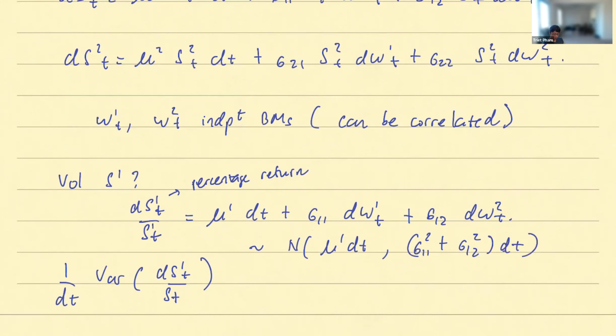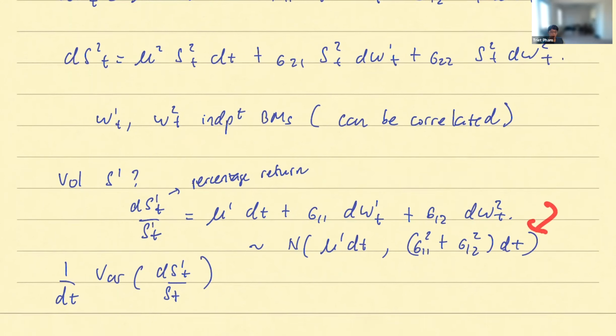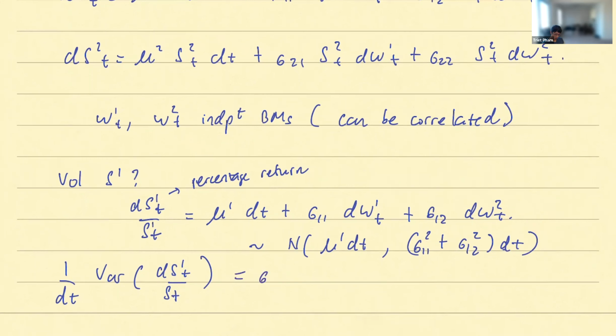And where did I get this? Because these are independent normals. Agree? So the volatility is the square root of this. Is that okay?